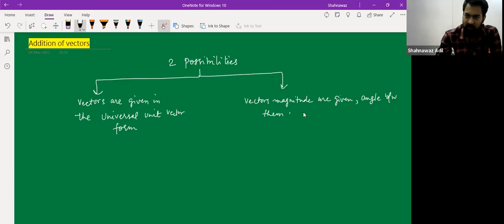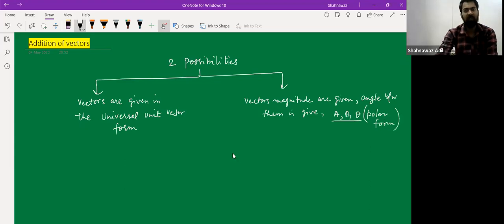So A given, B given, and the angle between them, theta, is given. So this is called the polar form. You have different rules for the case of addition. So let's take the first case. In the first case, this is simple.